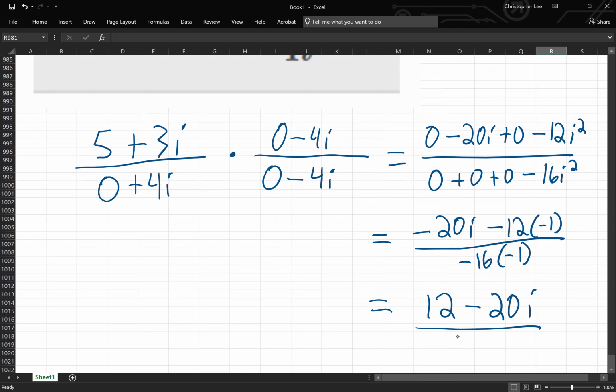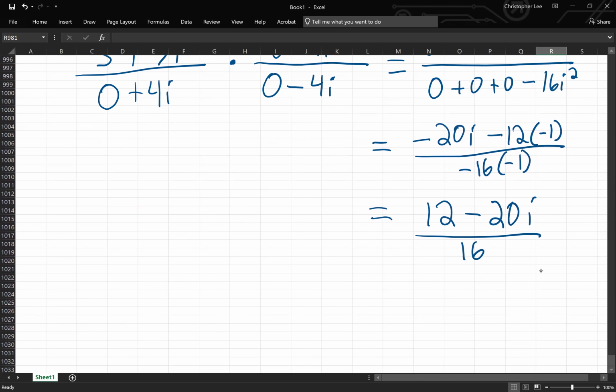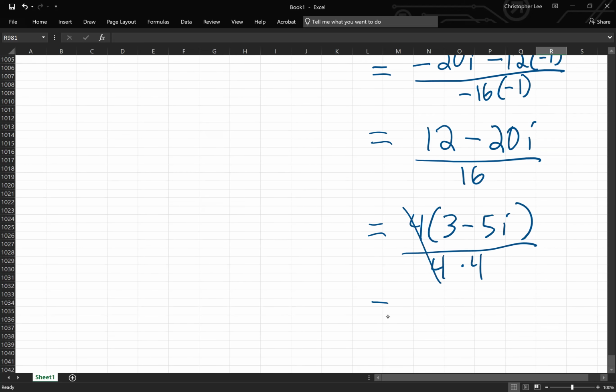Negative is positive, so over 16. I could reduce this a little bit. I could pull out a 4 up top and make this 3 minus 5i, and on the bottom it's just 4 times 4. These cancel. So the final answer is 3 minus 5i over 4.